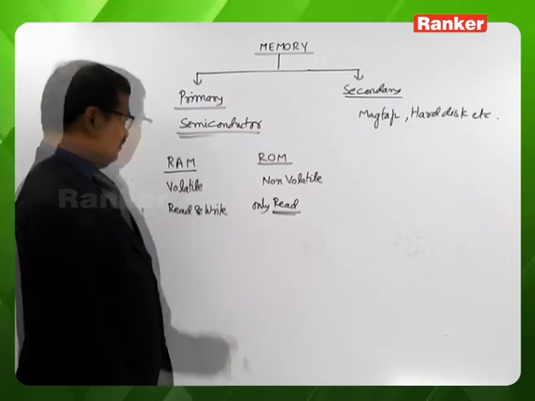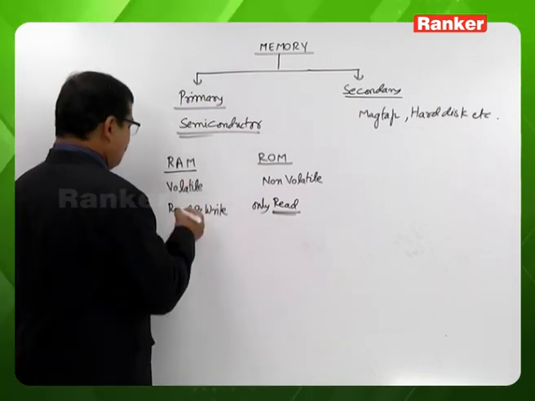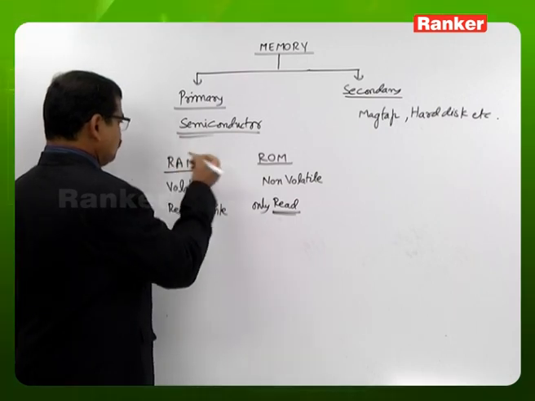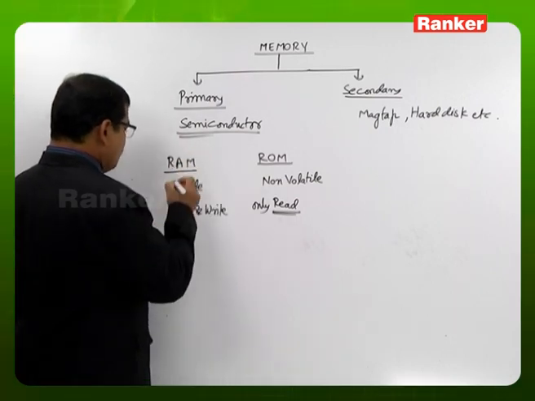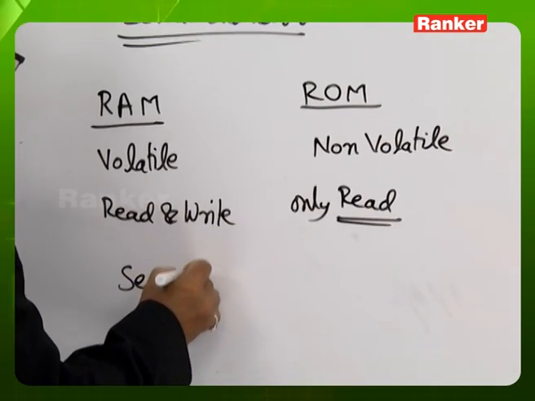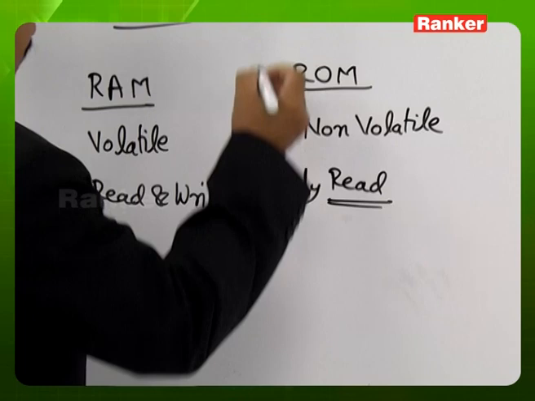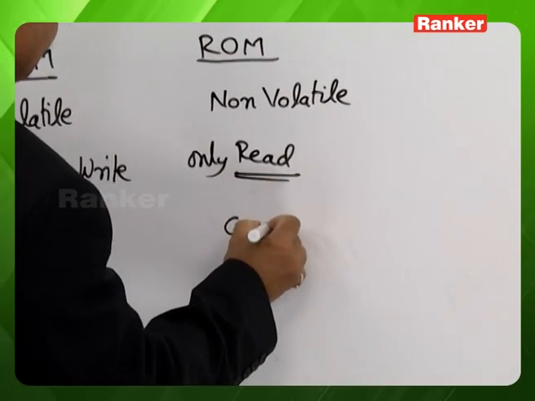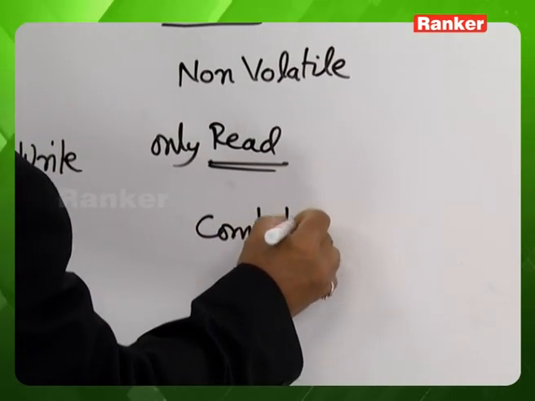Another difference is that random access memory is a sequential circuit, whereas read-only memory is a combinational circuit.